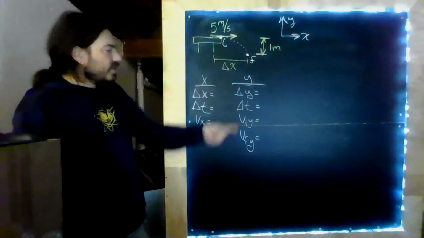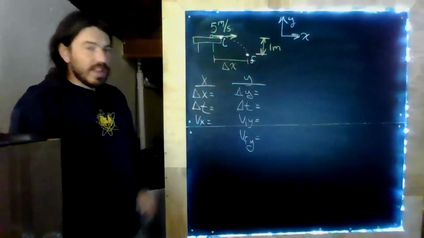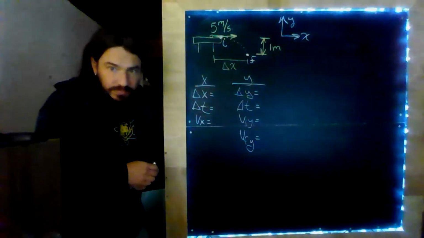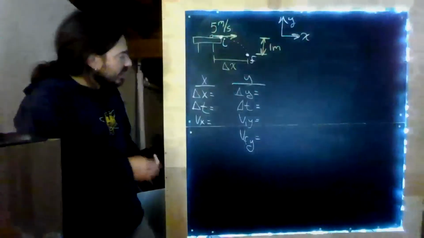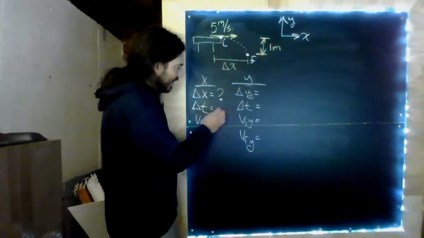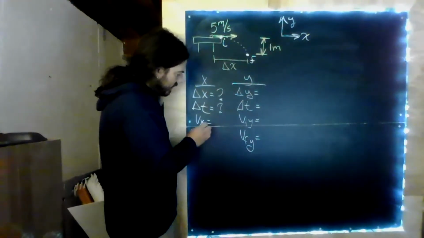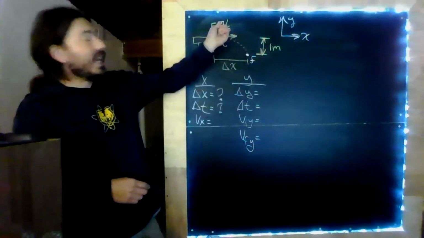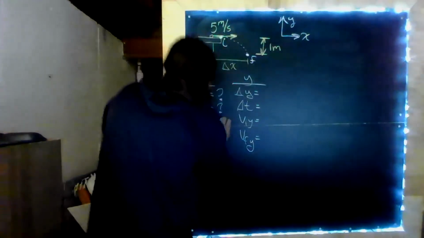And I really recommend that you just write out this whole list. It's definitely the best way to organize your thoughts. Okay. Delta x, that's what we're looking for. Delta t, man, we don't know that either. V sub x, do we know that? Oh, we do. That's what we gave here, right? So this is 5 meters per second.